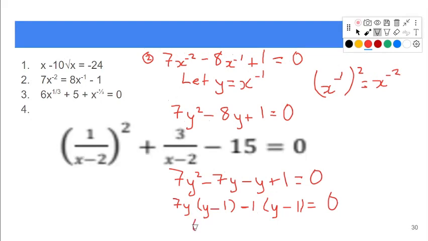So then we have 7y minus 1 times y minus 1 is equal to 0. And I'm just going to write over here, y is equal to 1/7 or 1.